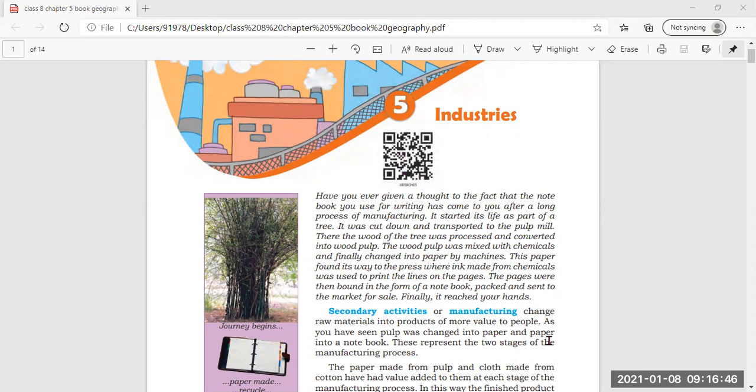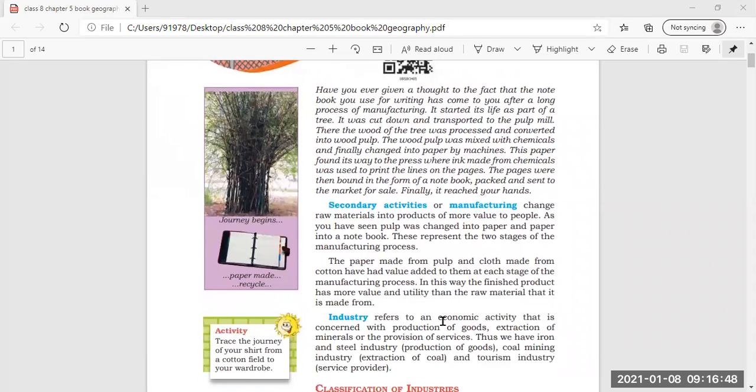Further, we saw how the pulp taken from the wood of the tree passed through a number of processes and finally took the form of paper, and what we get in our hand is a book or a notebook.